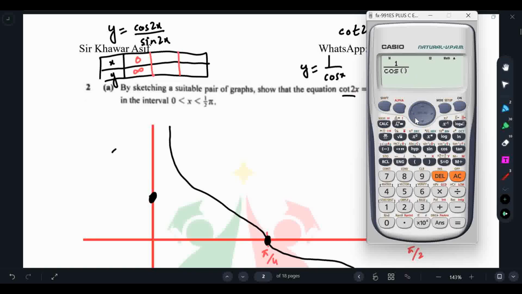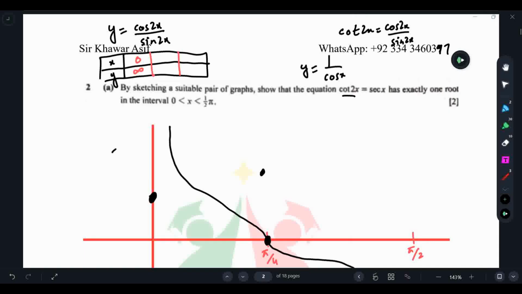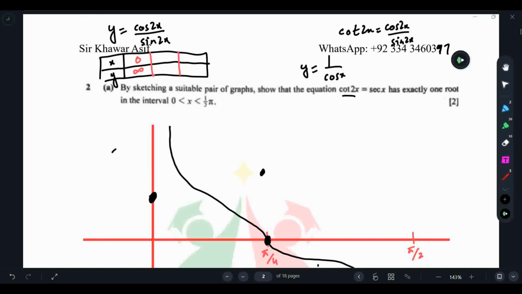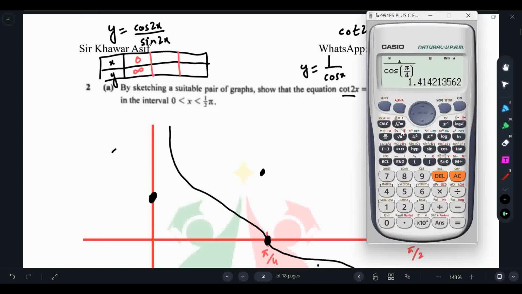Then let's see the other one. Cos of pi by 4. Shift pi by 4. So this will be equals to square root of 2, which means 1.41. So the value will be above this line like this, and then pi by 2. Just put pi by 2. This will be equals to maths error.